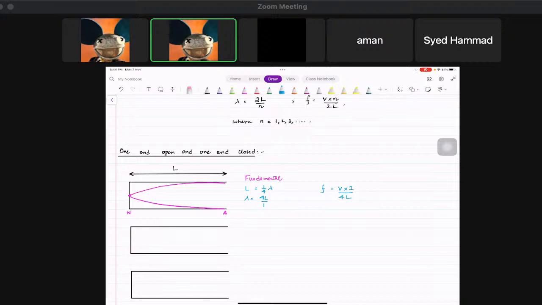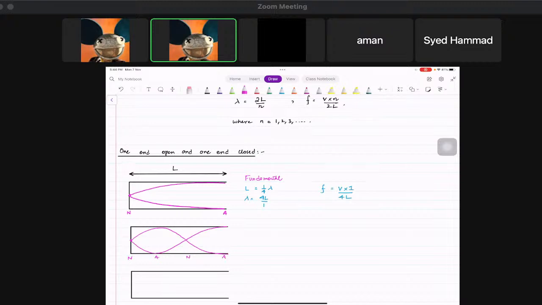Then the next frequency will be formed when it would look like this. Now there is a node, there is an antinode, there is a node, there is an antinode.